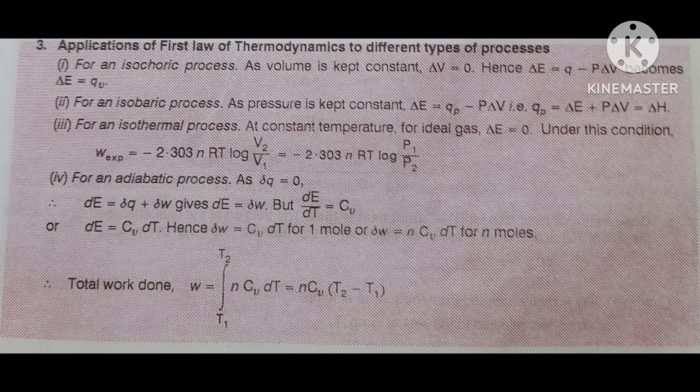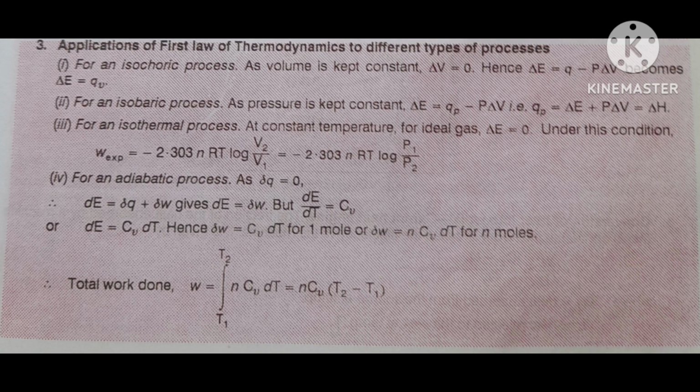Then you will get total work done W is equal to n into CV, and in place of dT you write T2 minus T1, because the upper limit is T2 and the lower is T1, higher minus lower. So total work done W is equal to n into CV into (T2 minus T1).